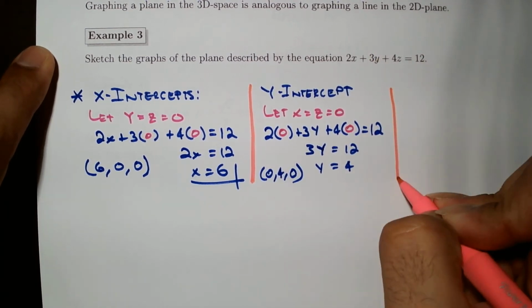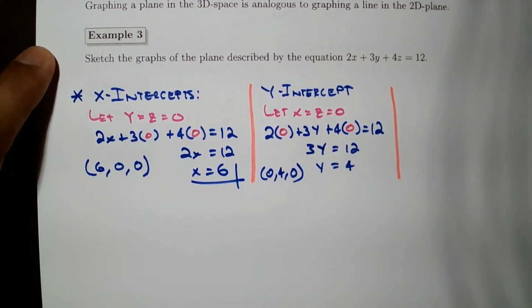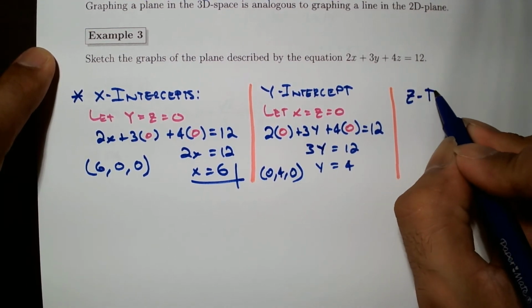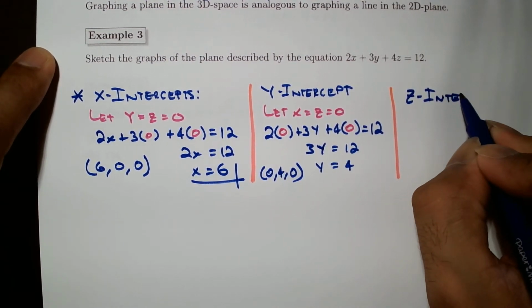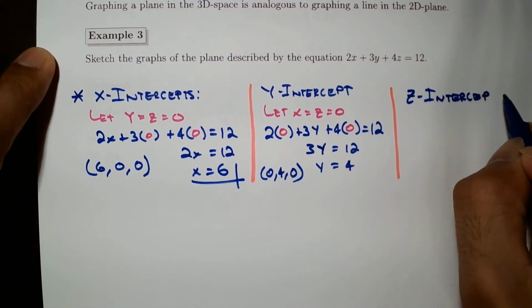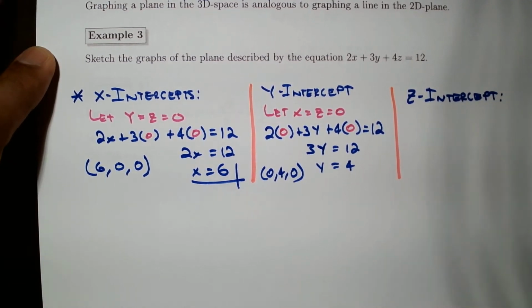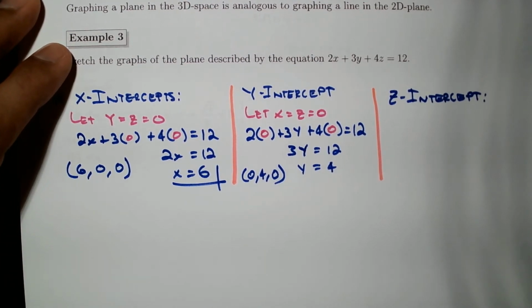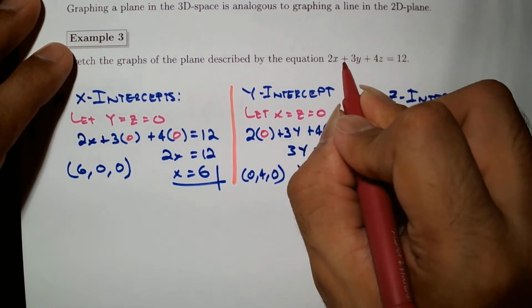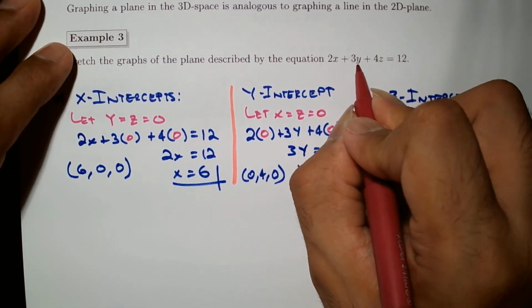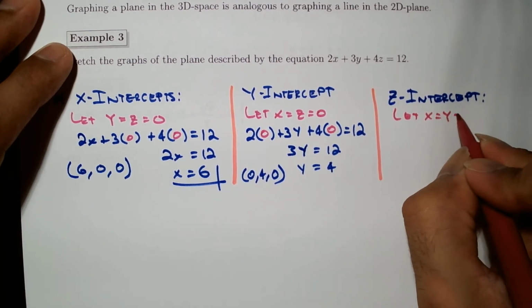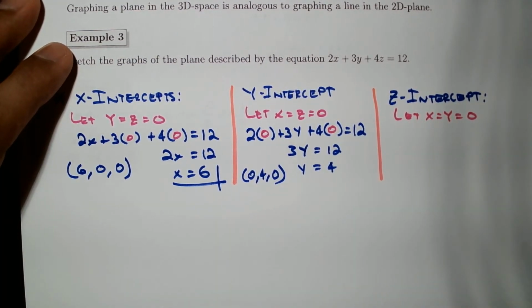Let's find the z-intercept. To get it, we set x and y equal to 0.